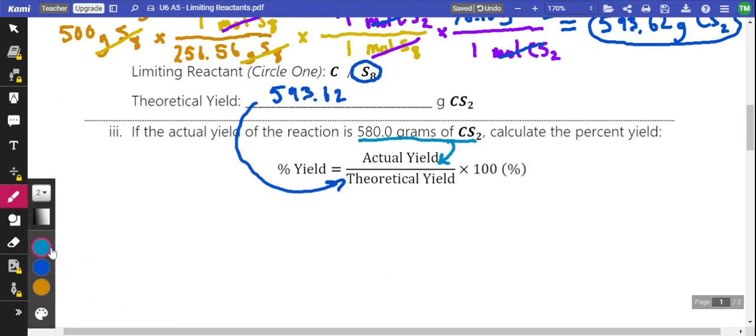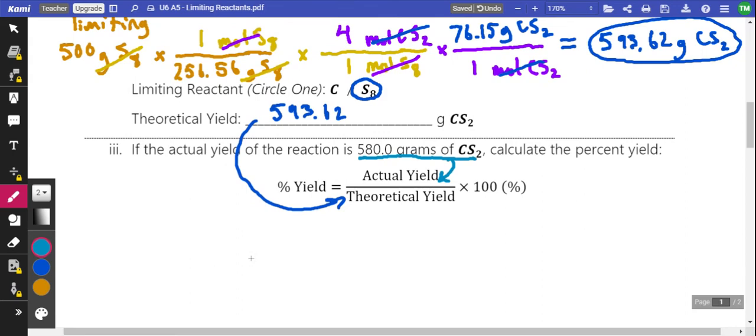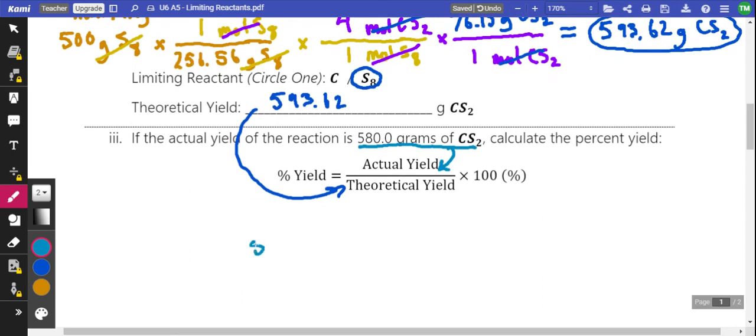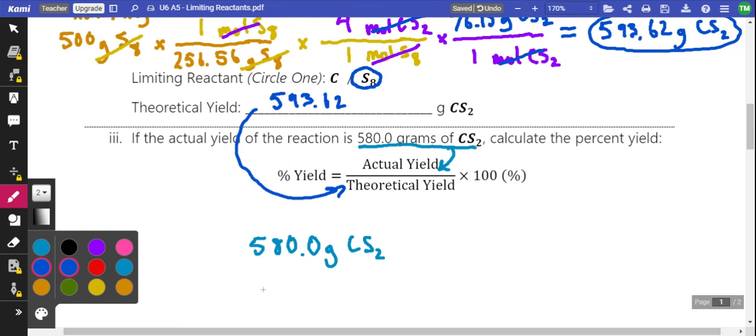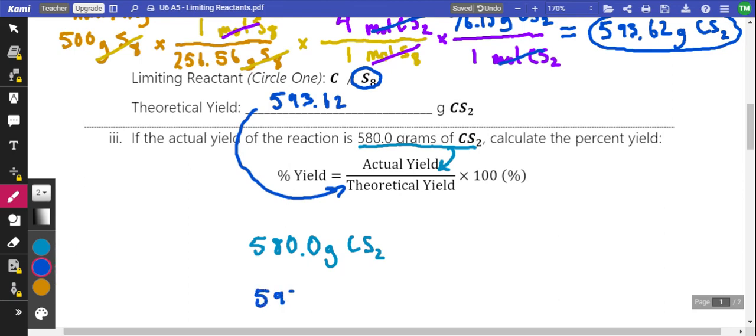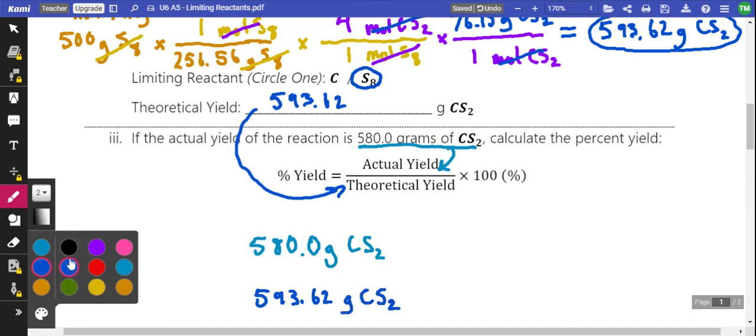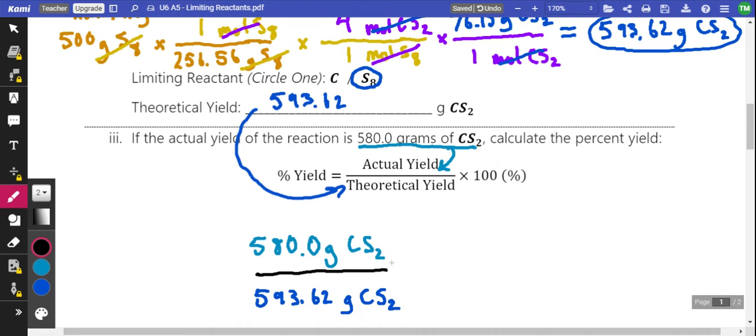So I'm going to take 580.0 grams of CS2 divided by 593.62 grams of CS2 times 100.